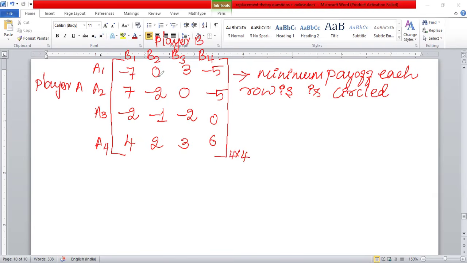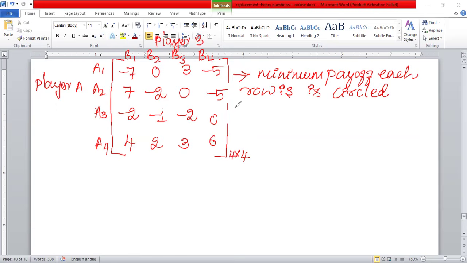The first row, -7, 0, -3, -5, the minimum is -7. Similarly -7, -2, 0, -5; then -2, -1, -2, 0; and 4, 2, 3, 6.